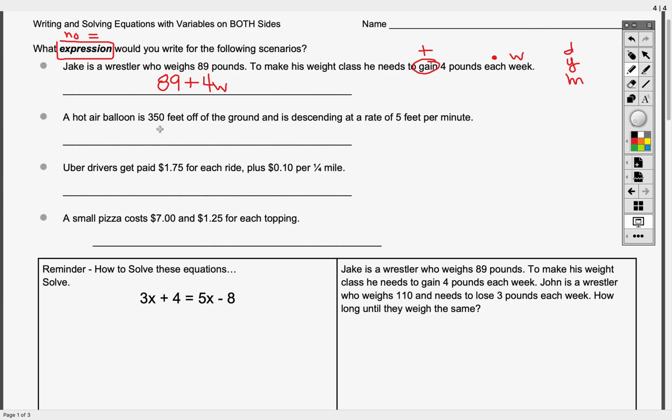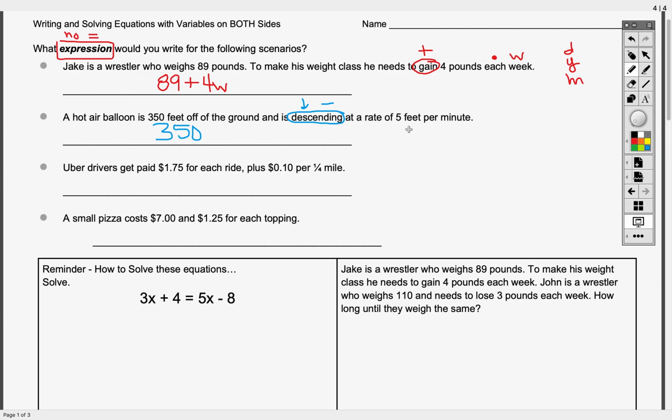Okay, a hot air balloon is 350 feet off the ground. You should probably write 350. And is descending. The word descending means that it's going down. If it's going down, that means we are subtracting.